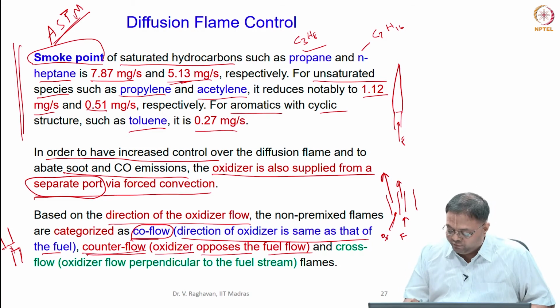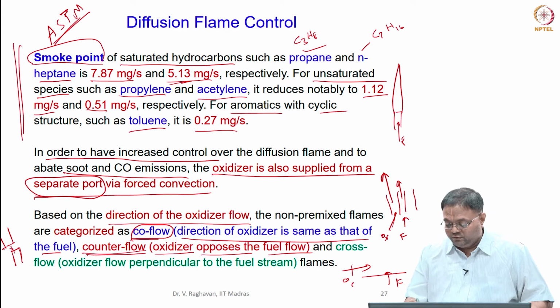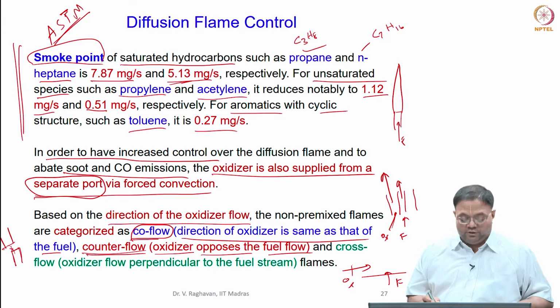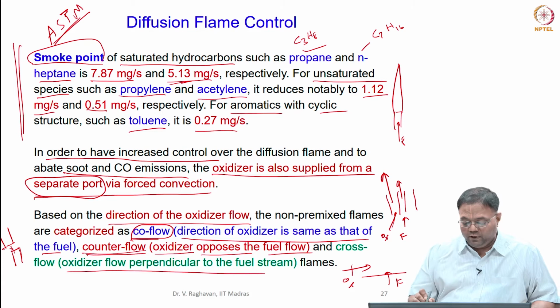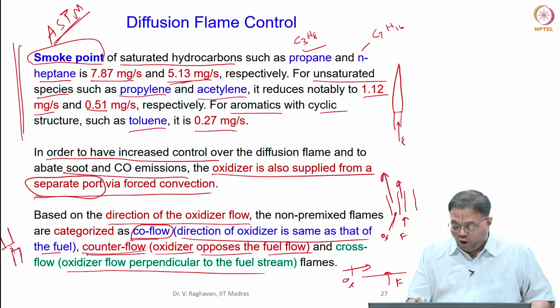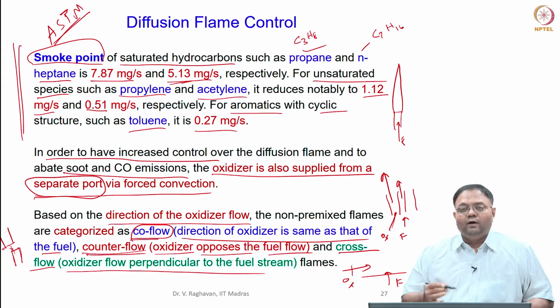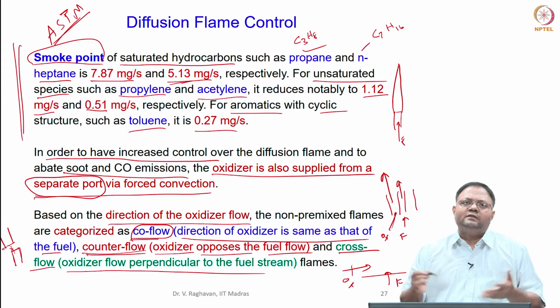Then another configuration is I supply fuel in this direction and oxidizer in this direction, so they will be orthogonal to each other. So the oxidizer flow is perpendicular to the fuel stream, that will be the cross flow configuration. We can also do anything in between.